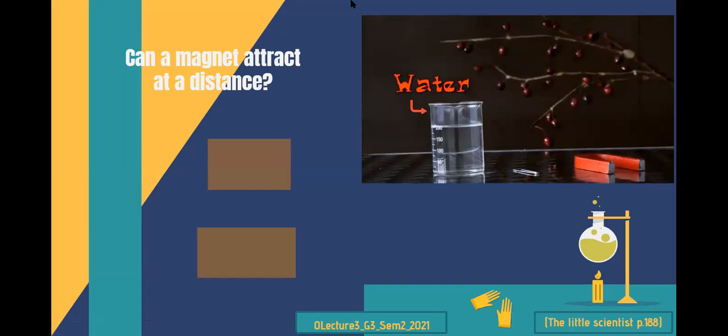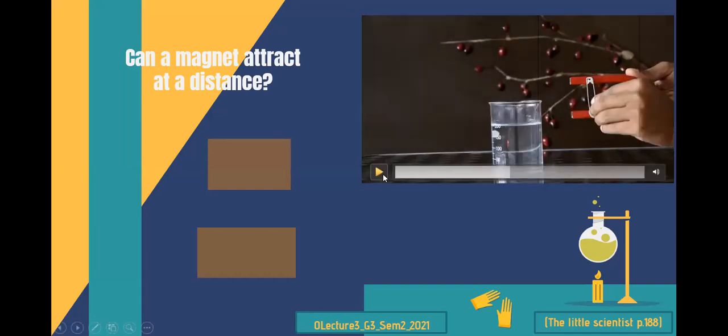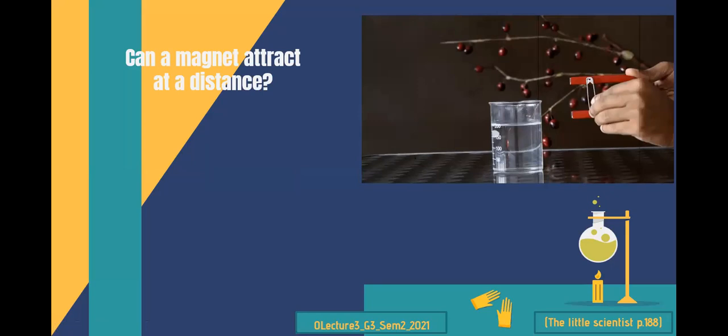Here is another experiment to tell you that magnets work on a distance. Even if you put something between the metal and the magnet, it will still work and attract objects. So we will put the pin inside the cup of water and look what happens.